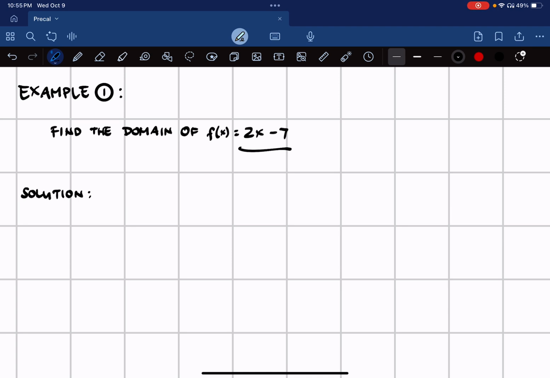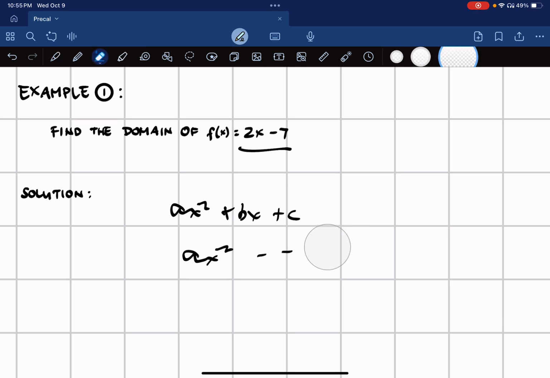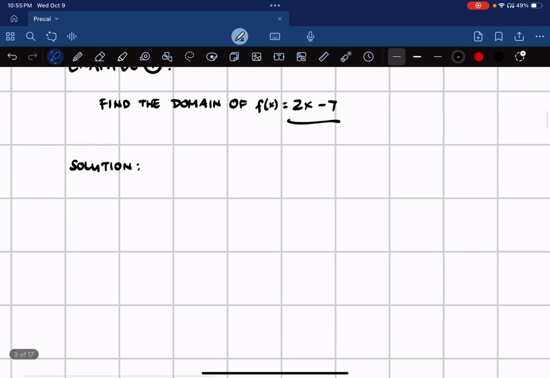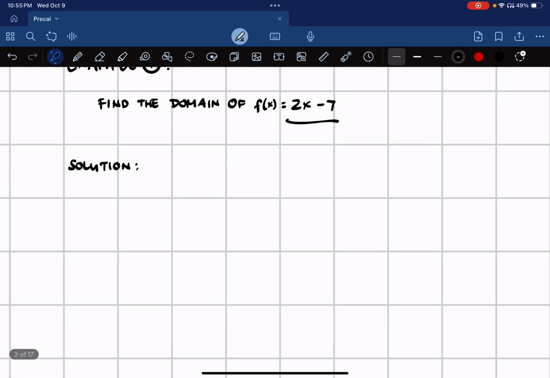Basta ang ato function is a polynomial function, pwede mo na ax squared plus bx plus c or ax cubed plus so on, automatic ana, especially pag linear function, automatic ana ang ato domain is all real numbers, meaning from negative infinity to positive infinity.